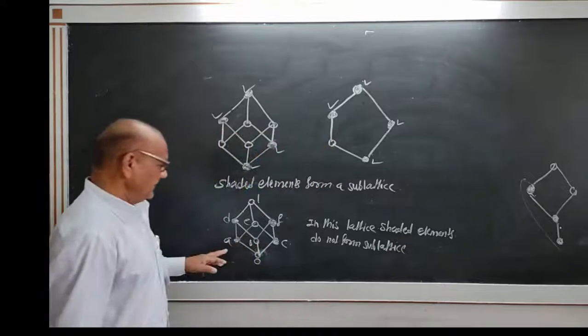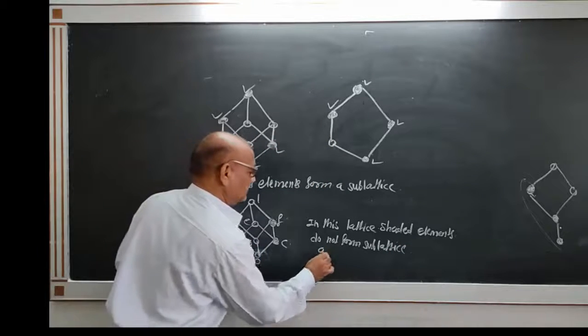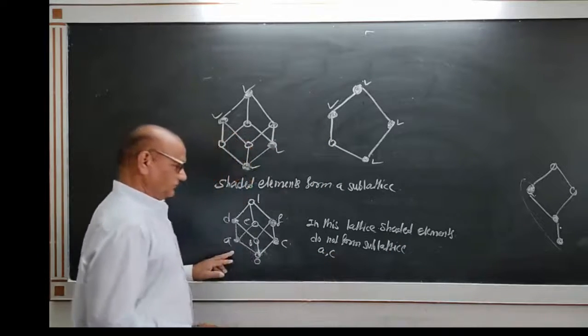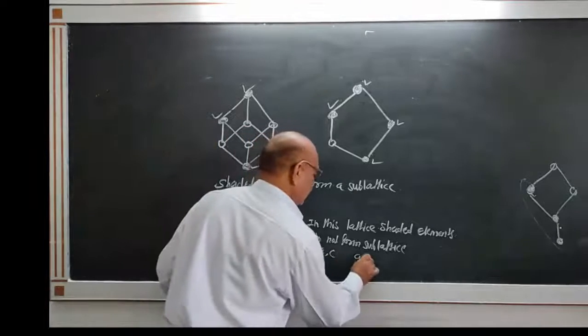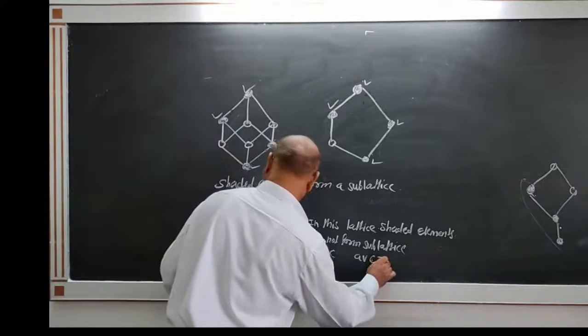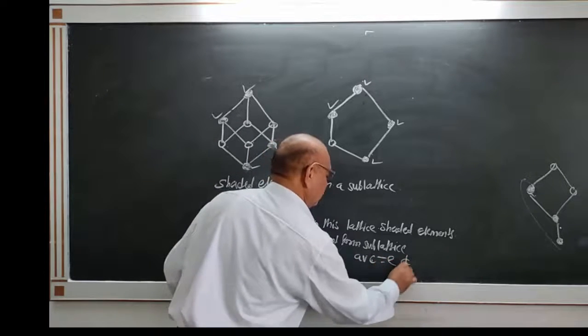Here A and C belong to this, but A join C is equal to E, which does not belong.